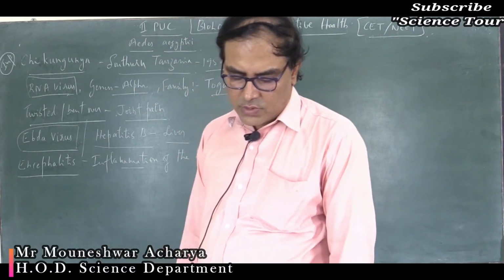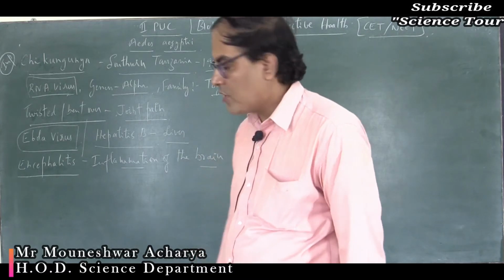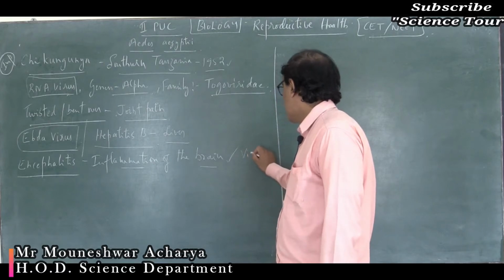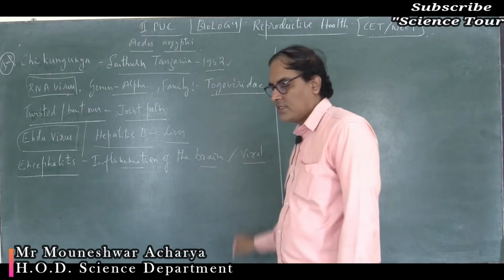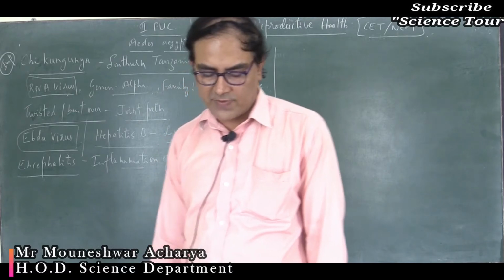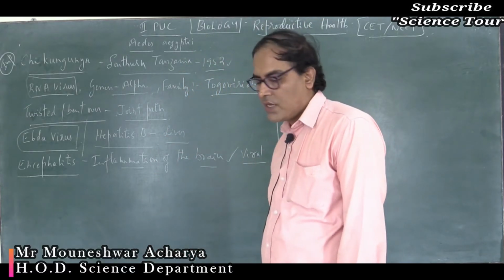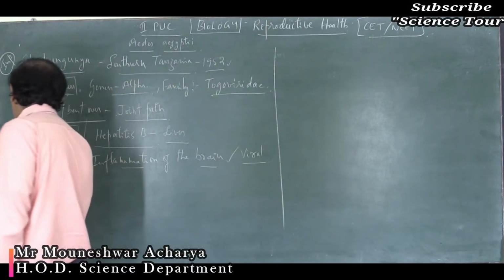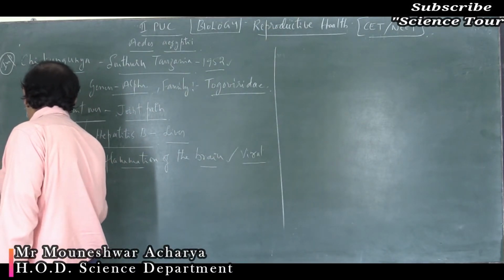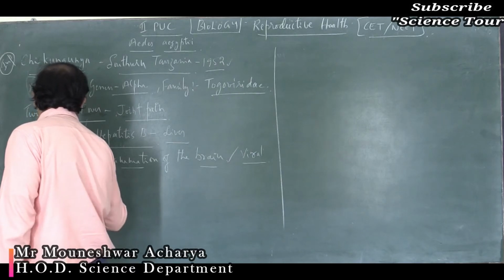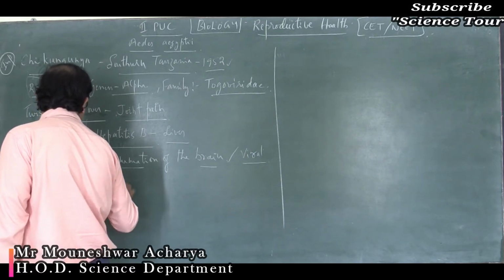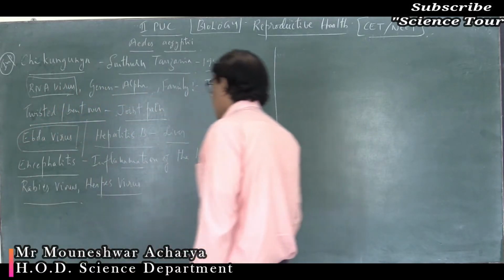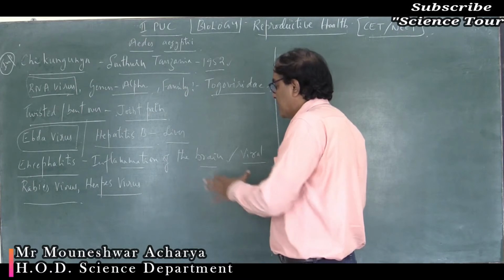So viral encephalitis, the most important cause is viral. Different kinds of viruses may be responsible for this. The virus may be herpes simplex virus or rabies virus. Encephalitis is just the symptom.